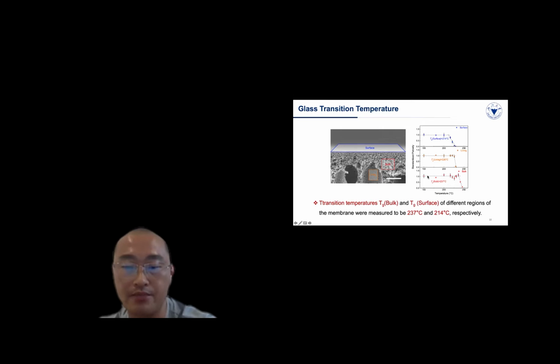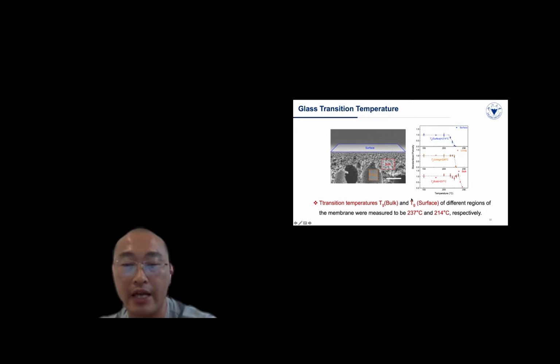Based on these different temperatures, if we control the treated membranes at around 240 degrees, we can get a membrane with a very thin and dense surface.